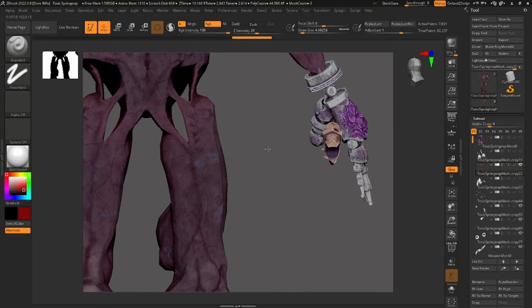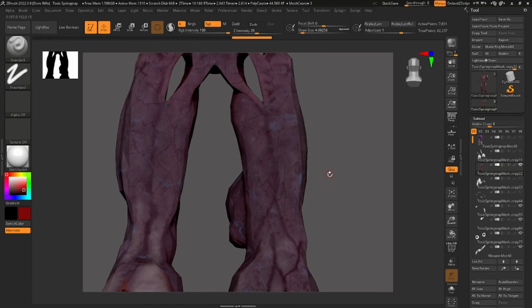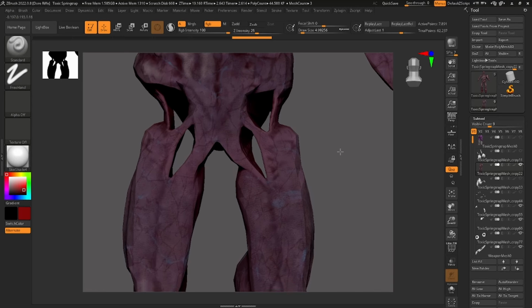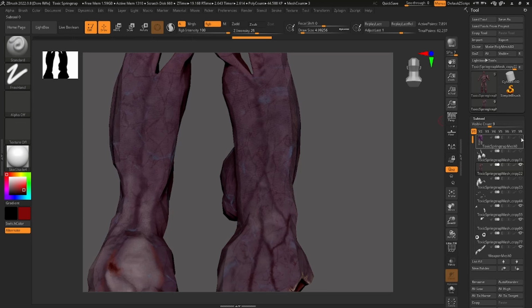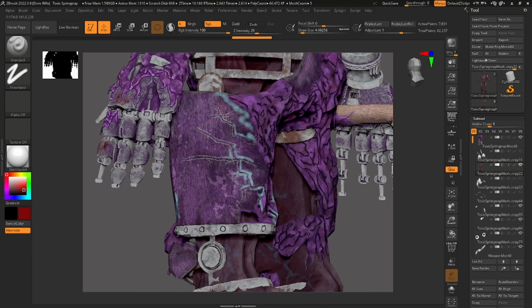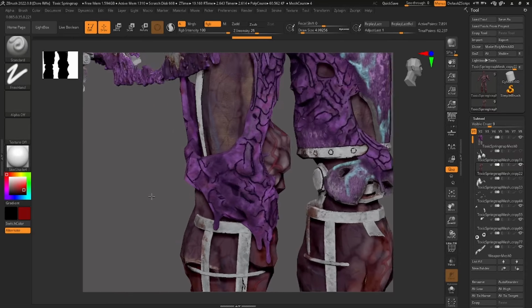The circulatory system, the veins, arteries, blood vessels, I was never particularly good with. But I know this blue here, I believe, is supposed to be the moldy part of the suit.